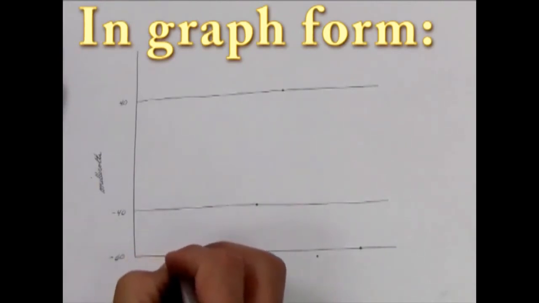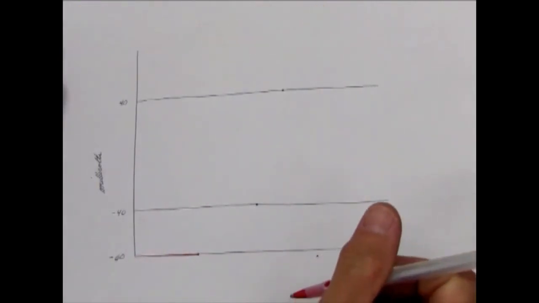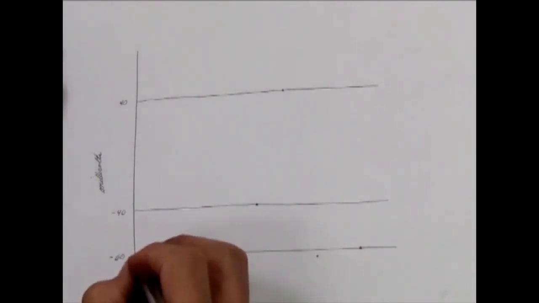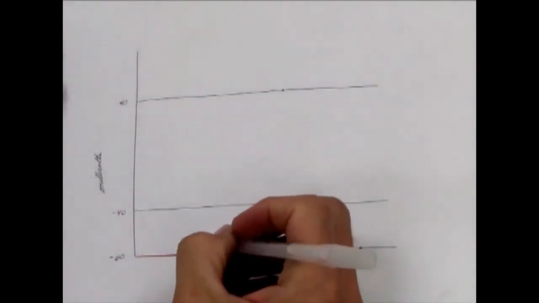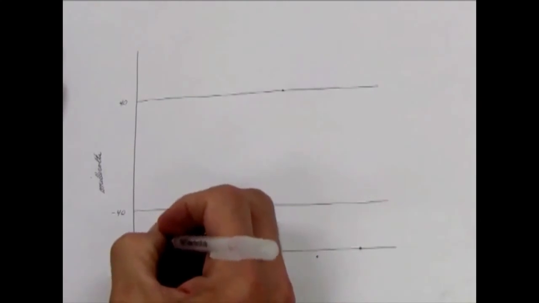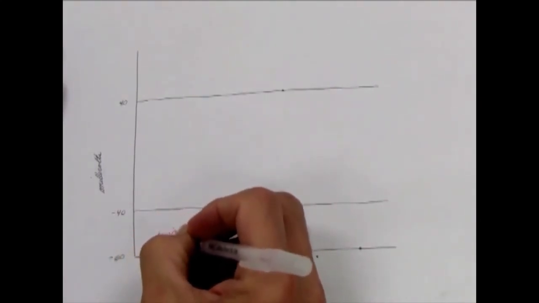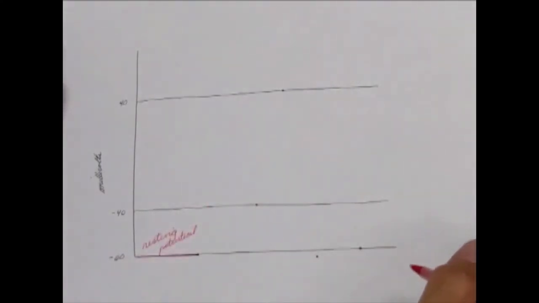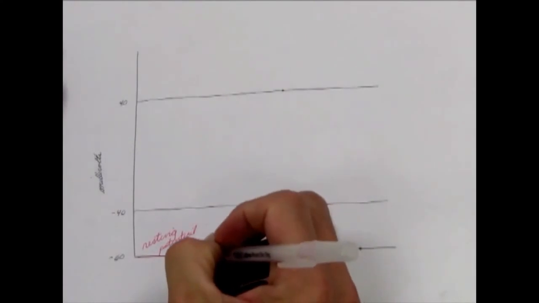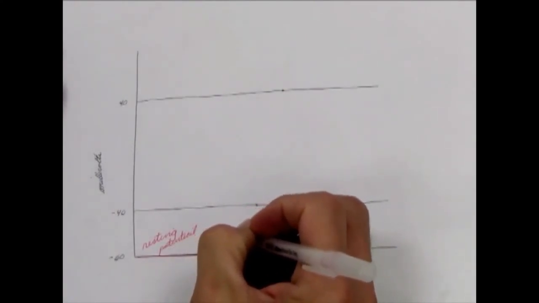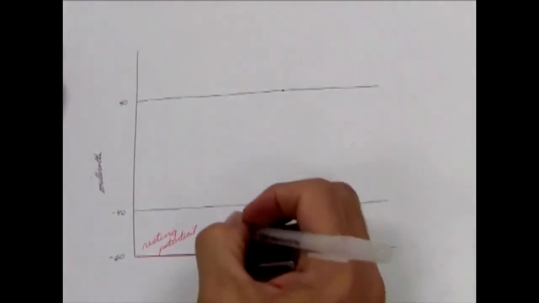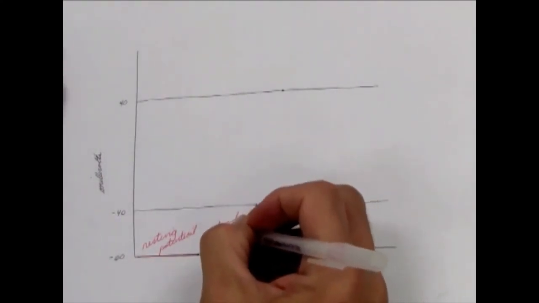So here we have the resting potential at negative 60 millivolts. Again, this can vary. Maybe it can go up to negative 50. Maybe it can go to negative 65. Whenever the charge is raised, we call this depolarization.